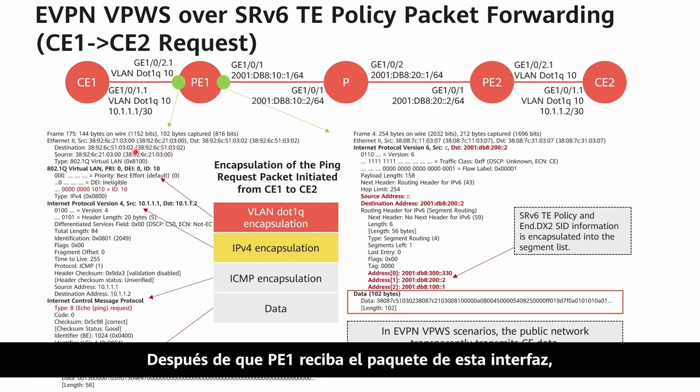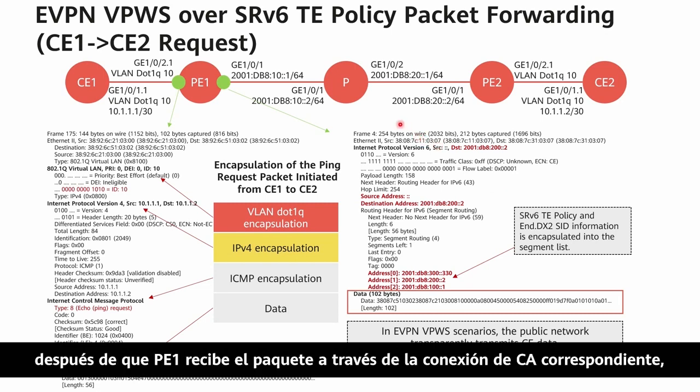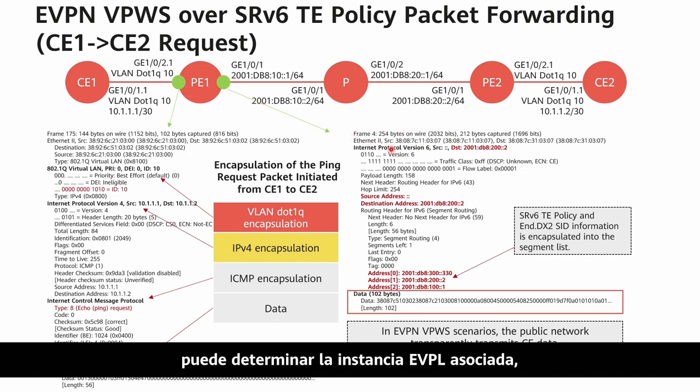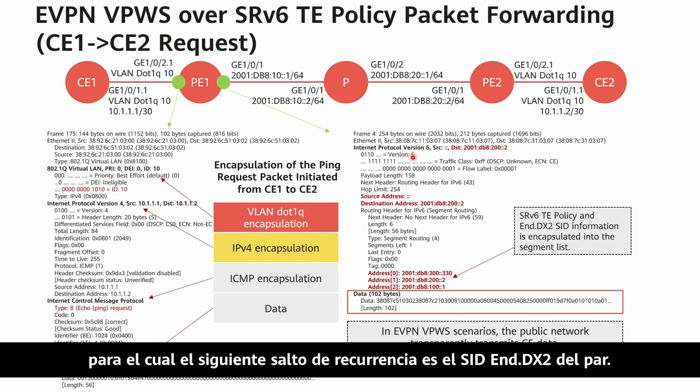After P1 receives a packet from this interface, it removes the VLAN tag and performs SRv6 encapsulation for the remaining packet data. Due to the binding between AC interfaces and EVPL instance, after P1 receives the packet over the corresponding AC connection, it can determine the associated EVPL instance, for which the recursion next hop is the peer End.DX2 SID.